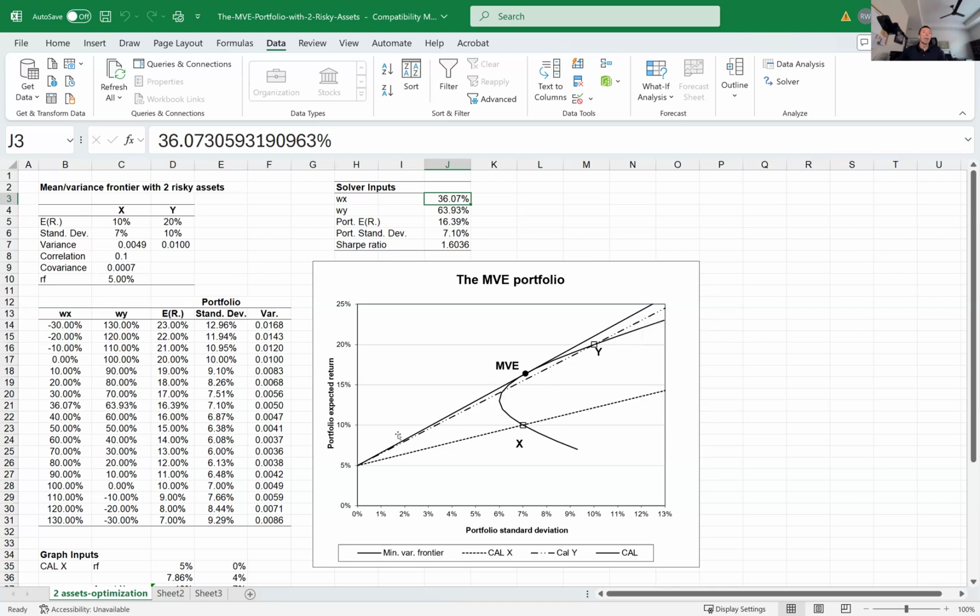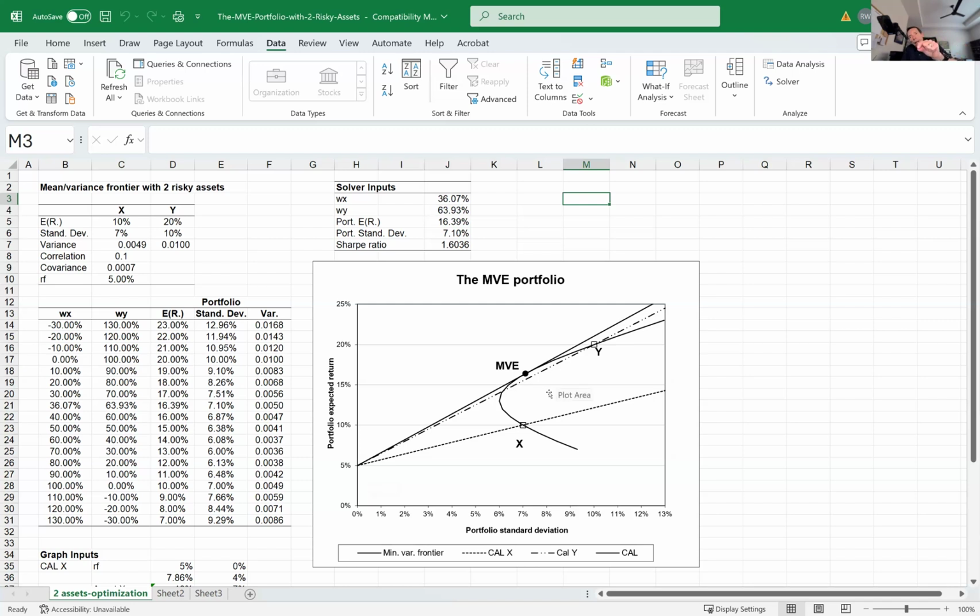How do we get down here? Well, we're going to put some of our money into the MVE. Let's say we've got $100. Then I would put $70 into the MVE, which means I've got $70 that will be allocated in these specific proportions right there. And then the other $30 would go into the risk-free asset.